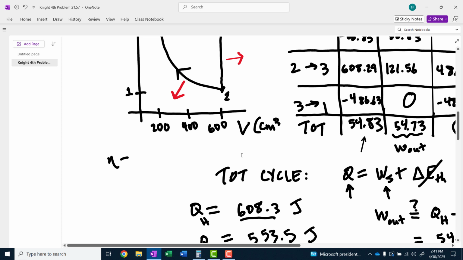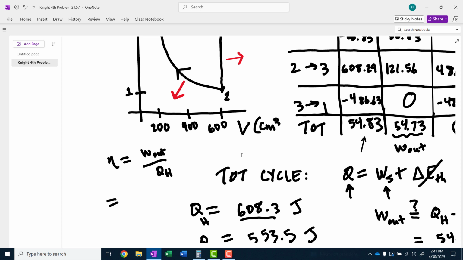The efficiency per cycle, every cycle's the same, is the useful output work over the heat absorbed, and that's going to be the 54.7 or 54.8 joules compared to the 608 that are absorbed. This is getting really crowded here. Let me separate this garbage from the other garbage.